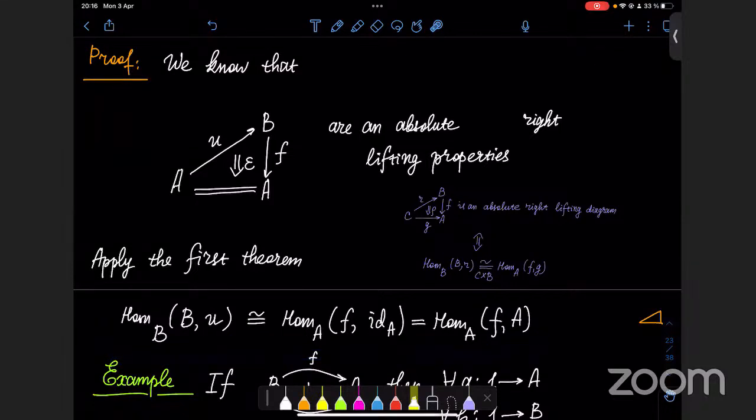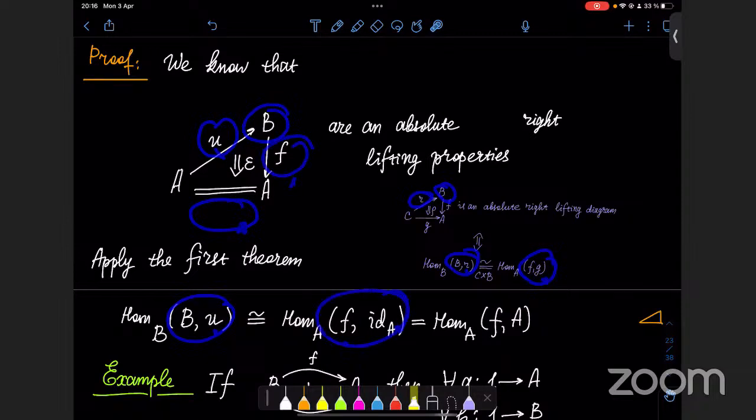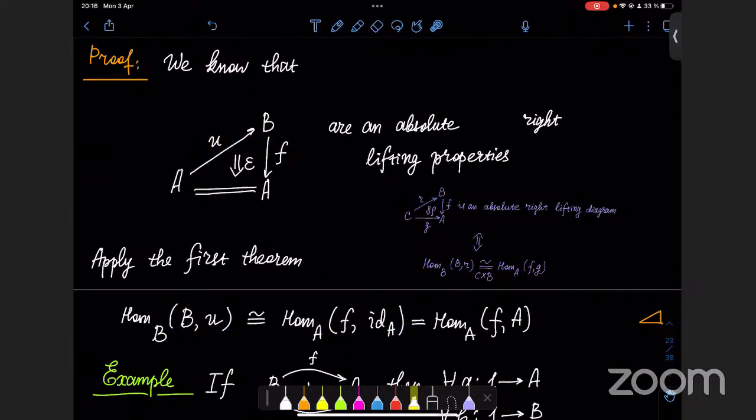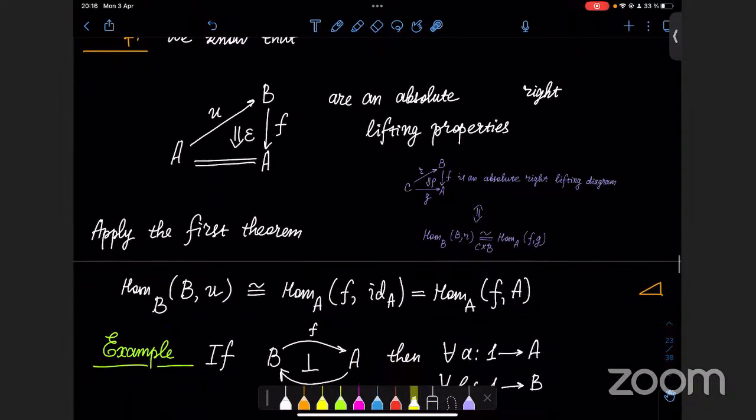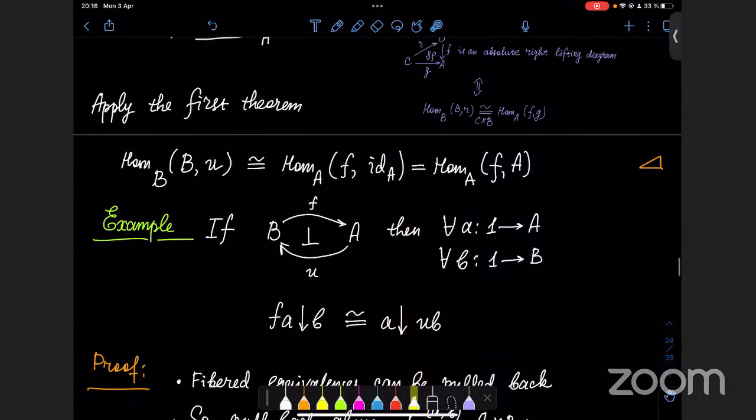So B R here, B U, and here F G. So FG is just the identity on A and F. And so by this notation we have the following equality. Okay, and we are done. So the next example.